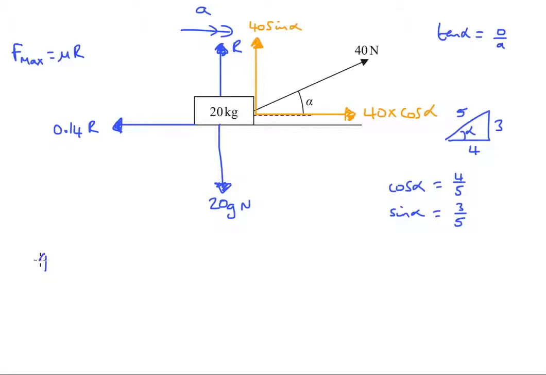So the first set of forces I'm going to resolve are the vertical forces. As I said earlier, it's not moving up or down off the surface, it's just moving to the right. So upwards forces must equal downwards forces, which means we can say that R plus this 40 sine alpha will equal 20g. Now 40 sine alpha is 40 times 3/5.